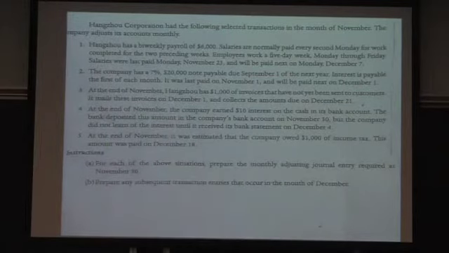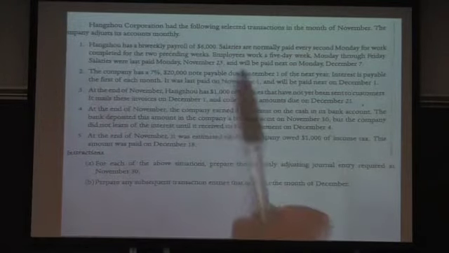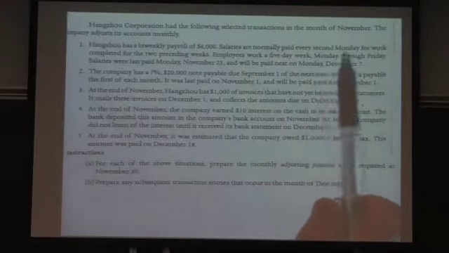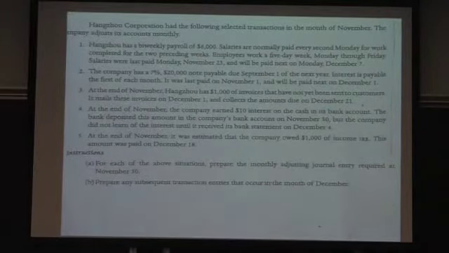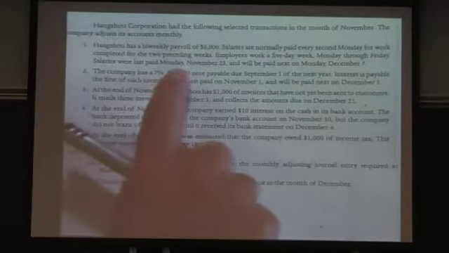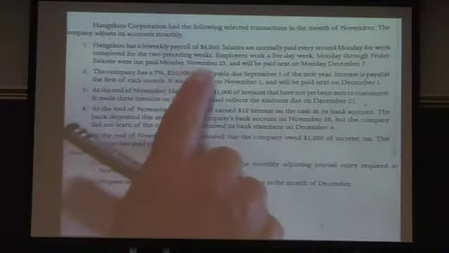Hangzhou has a bi-weekly payroll, so bi-weekly means every two weeks, of $6,000. Salaries are normally paid every second Monday for the work completed for the 2 preceding weeks. Employees work 5 days a week, Monday to Friday, and salary was last paid on Monday, November 23rd.